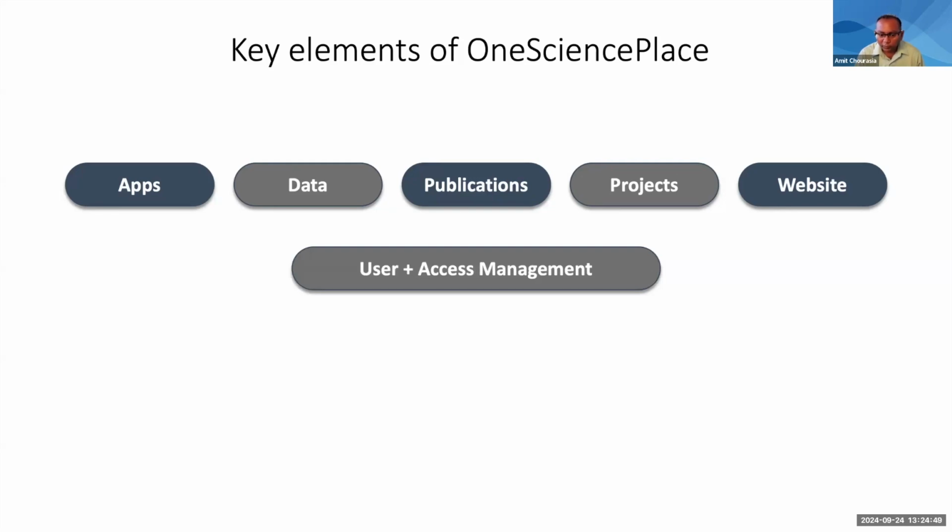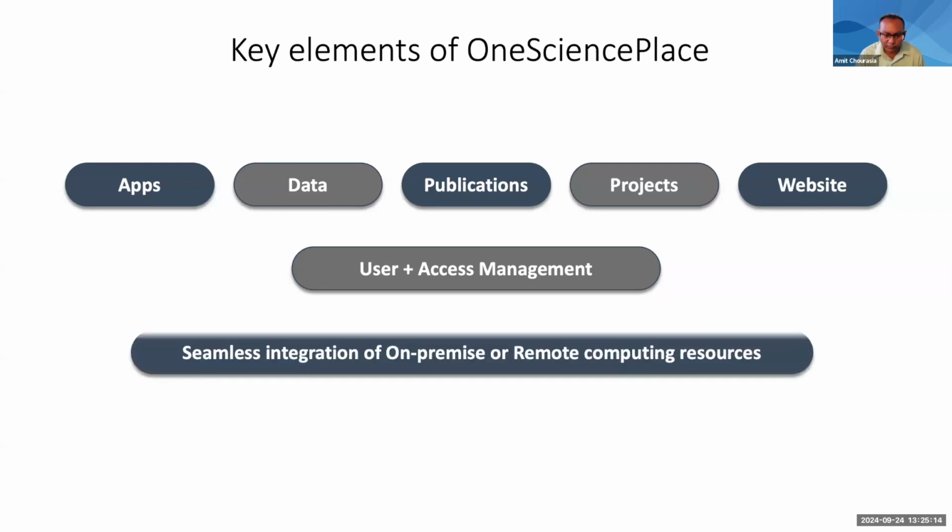And then we want to look at how we do user management and access management, layering all these things on top across all these pieces, and provide open or restricted access for the artifacts that warrant that kind of access limitation or openness.